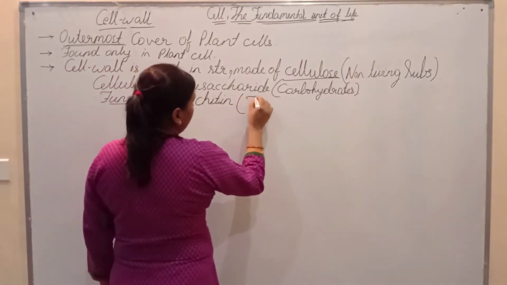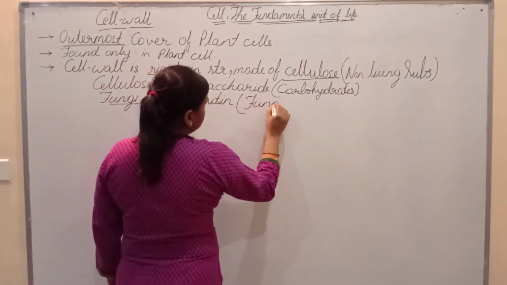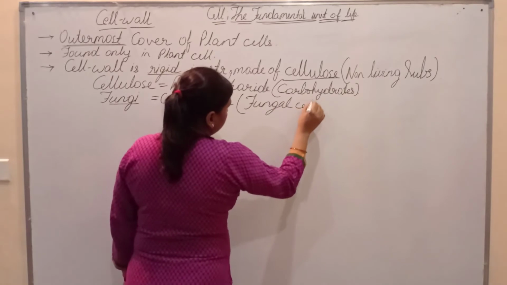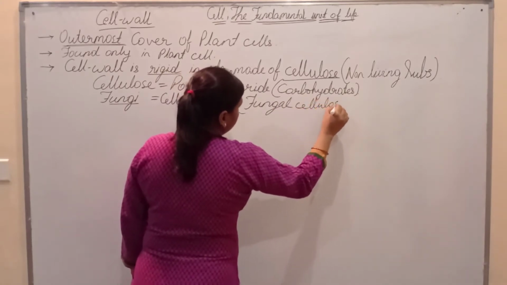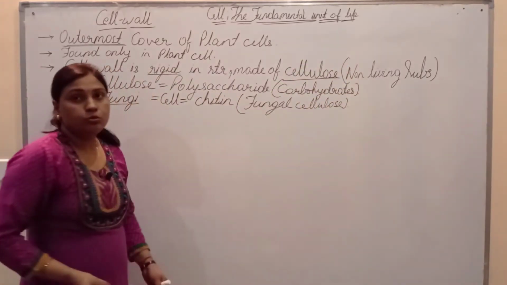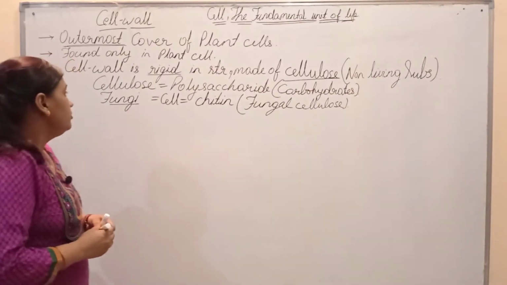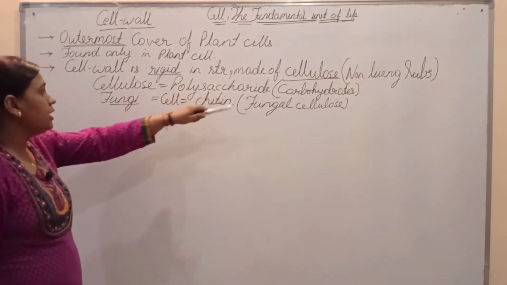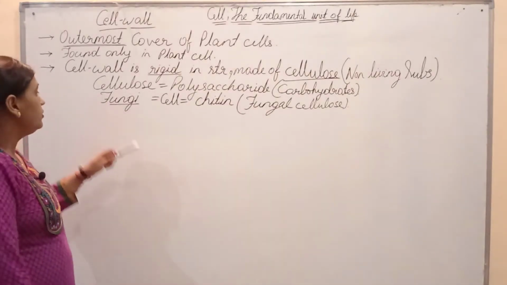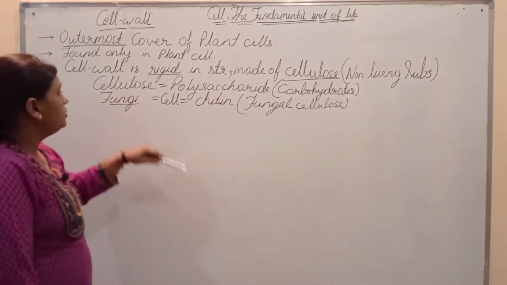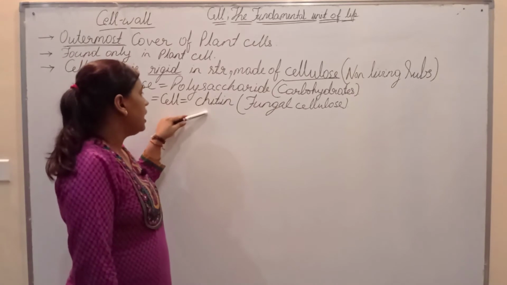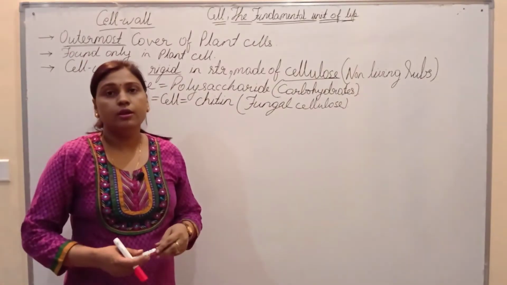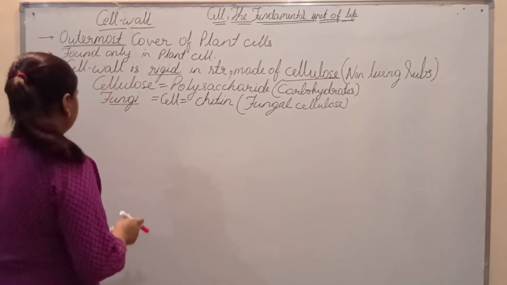Chitin is also called fungal cellulose. So cell wall is generally made up of cellulose, that is a polysaccharide and a form of carbohydrates, while the wall of fungi is made up of material chitin, that is also called fungal cellulose.